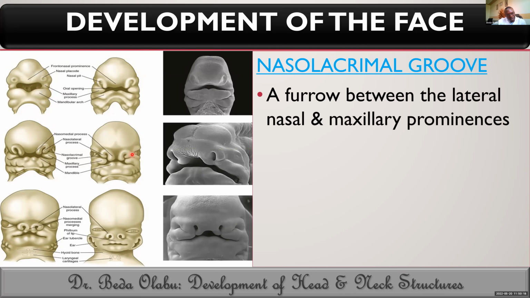So this furrow here is what we're calling the nasolacrimal groove. It's a furrow between the lateral nasal prominence and the maxillary prominence. As you can see, that furrow is extending from the position of the eyes to the position of the nose. We call it the nasolacrimal groove.